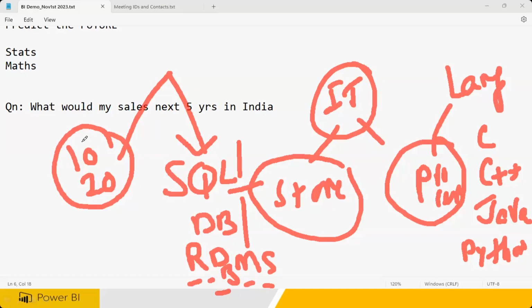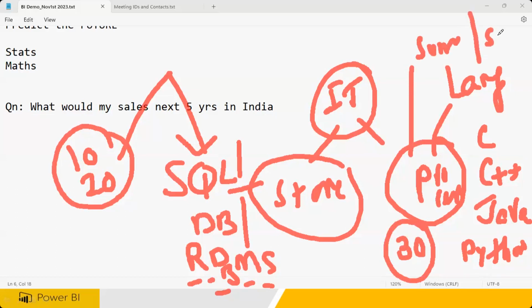Clear? I have the data, but I want to know the total. 10 plus 20 equals 30. That is processing, a summing operation. Processing means I want to do some operation, like sorting the data alphabetically, in ascending or descending order, or finding the minimum or maximum value.